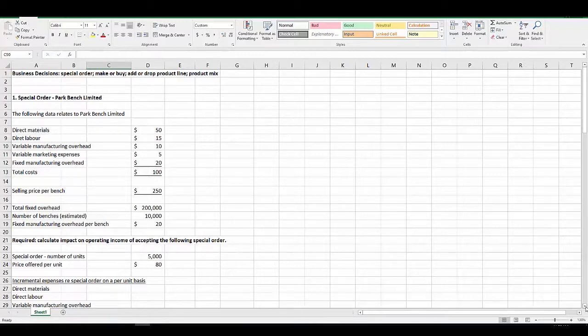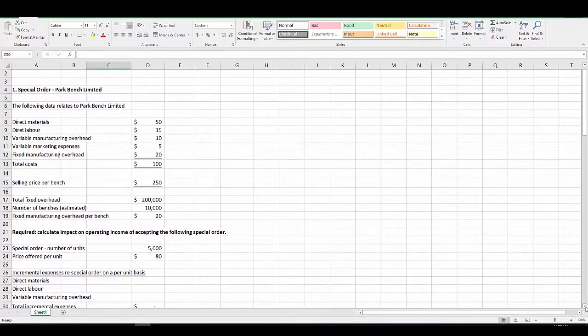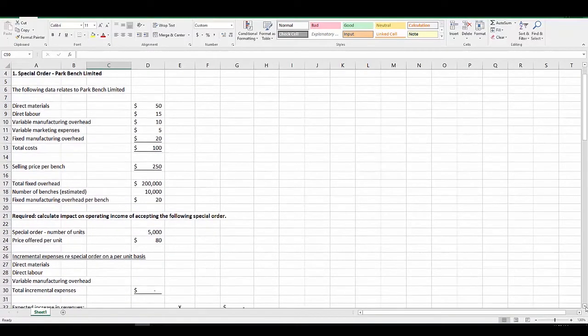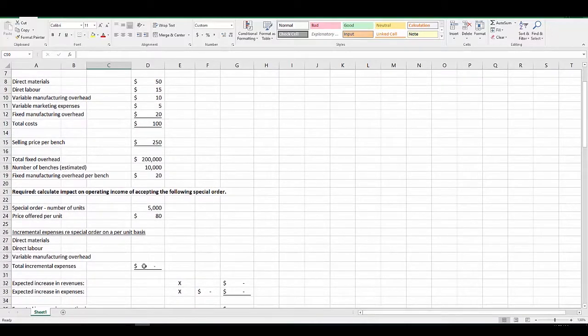So when you're looking at a situation for a special order, for example, you only want to look at what we call relevant cost. So relevant costs are those that are going to be impacted by the decision. So the first thing we want to do here is identify our materials.